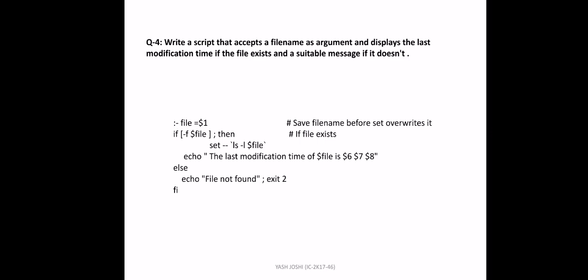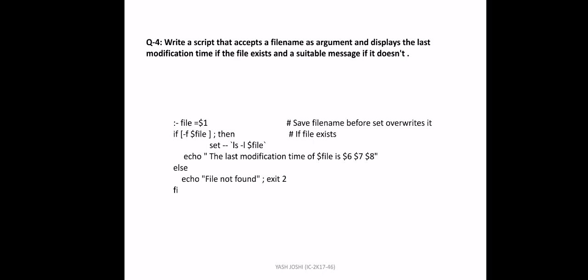Write a script that accepts a file name as argument and displays the last modification time if the file exists and a suitable message if it does not. Here we answer: file=$1, which saves the file name, before set overrides it. If [ -f $file ], then the file exists.